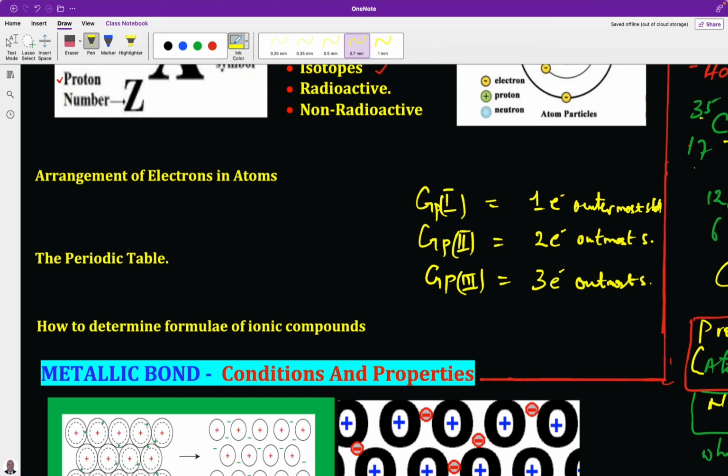As you move from top to bottom, those are the columns, the groups. And they are arranged from group 1 to the noble gases. In between are the D block elements or the transition metals.